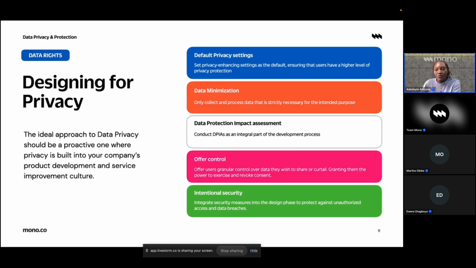If the highest level of privacy is the default, then your customers have the right to say, okay, I want to give you more data, maybe because of how you've explained in very clear detail why you'd be requesting more data. But having the default privacy setting as the standard for your organization is setting you up for success, and it's one of the ways that you can implement privacy by design.